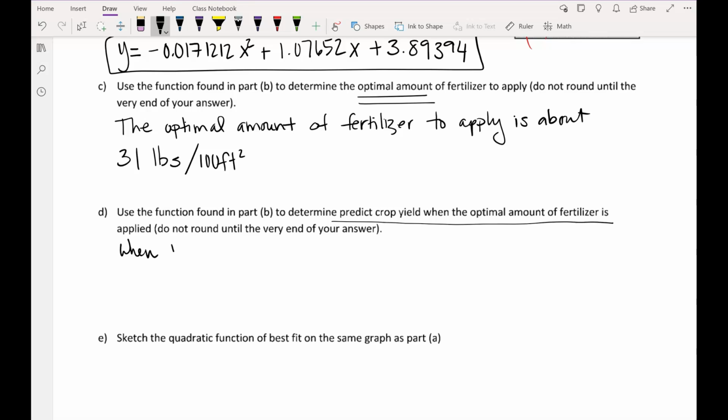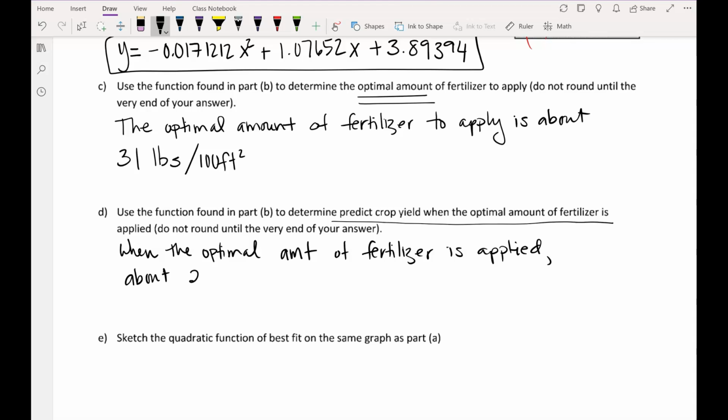When the optimal amount of fertilizer is applied, about 21 bushels is produced or yield. Okay.